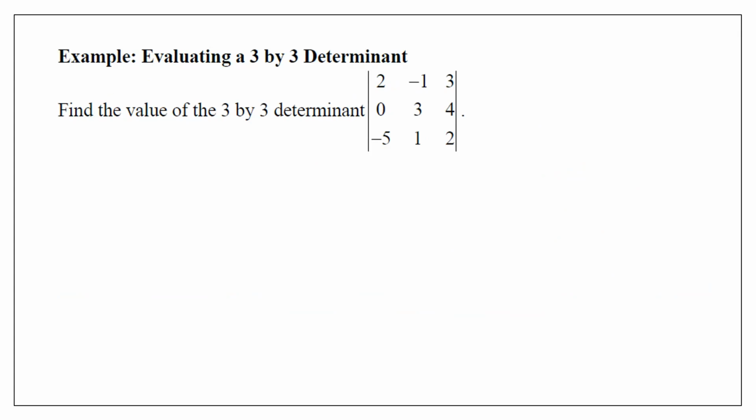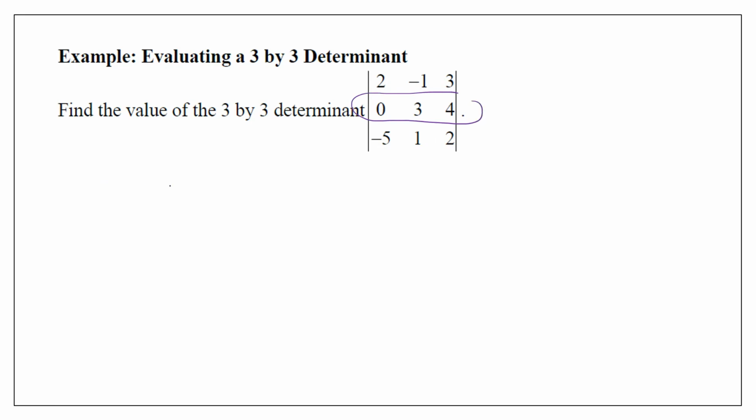So let's evaluate this 3x3 determinant. Again, we can expand across a row or a column, whichever one. I am going to choose row 2 to expand across because row 2 has a 0, thus making it easier to expand. So let's expand across this row.